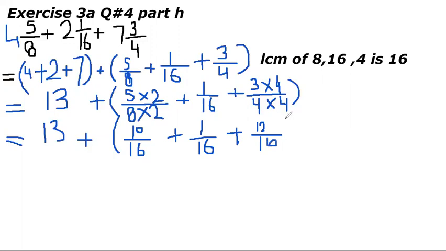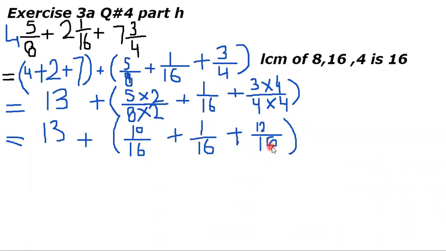Now students, you should focus on the denominators. We have changed the denominators to 16. We can say that 10 upon 16 is the equivalent fraction of 5 upon 8 with denominator 16. 1 upon 16 is equivalent to 1 upon 16. The equivalent fraction of 3 upon 4 is 12 upon 16.